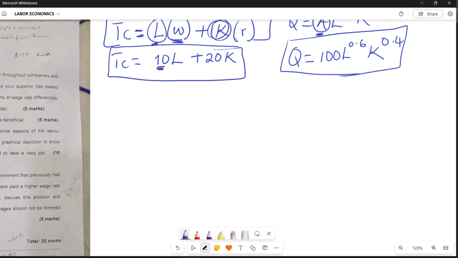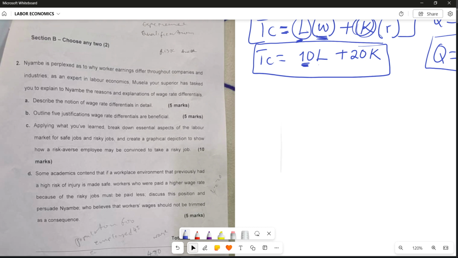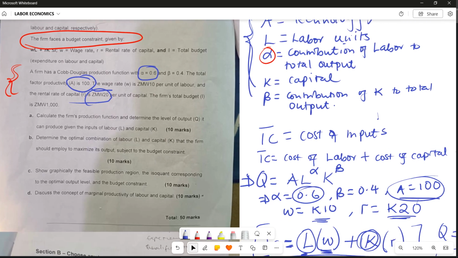All right, perfect. So now the question is saying, can we calculate the firm's production function and determine the level of output Q it can produce given the inputs of labor and capital? 10 marks there. So first things first, can we calculate the firm's production function?